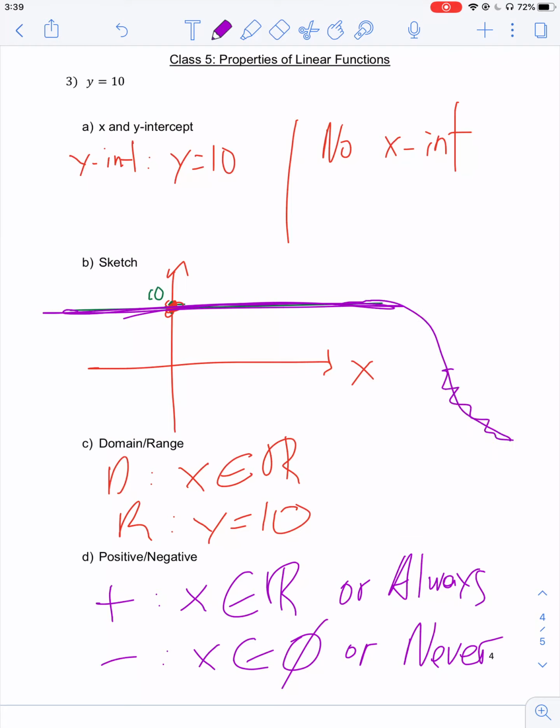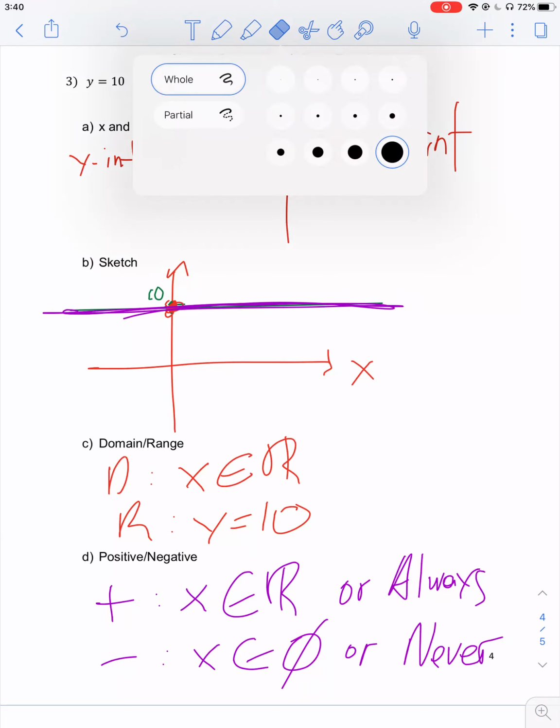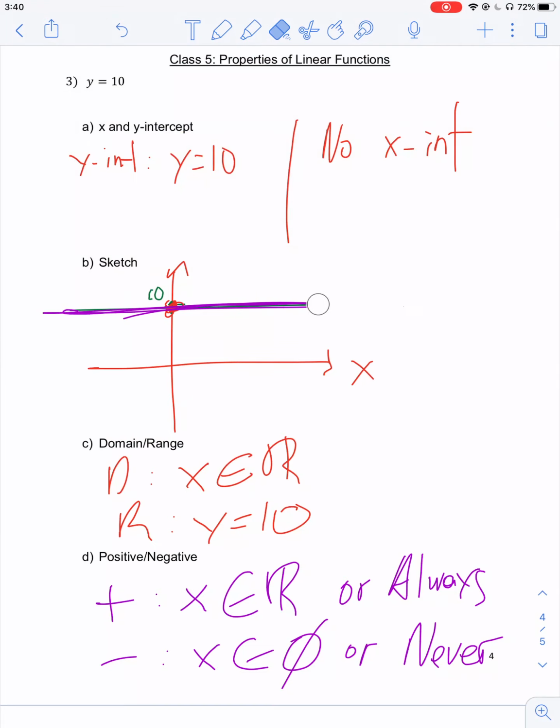So let me just do this a little differently. You're not going to see something like this with your function. So let me just erase this. Your function is not going to behave like this, okay? That's actually not a function, but something like this. Your function will never go below the x-axis, right?